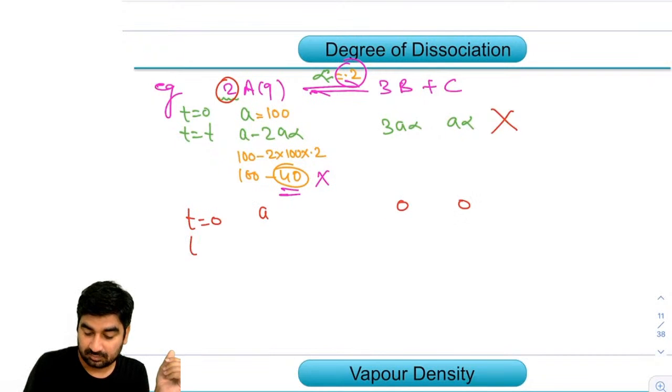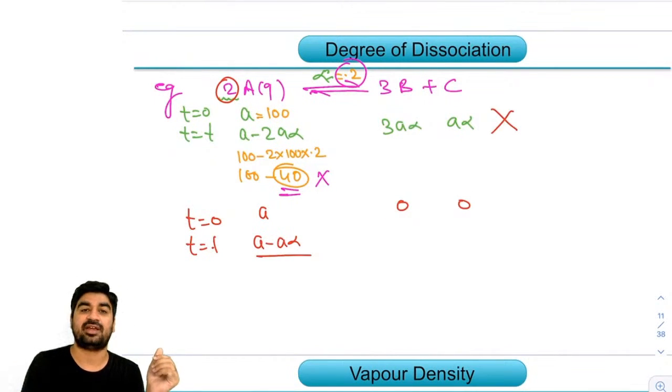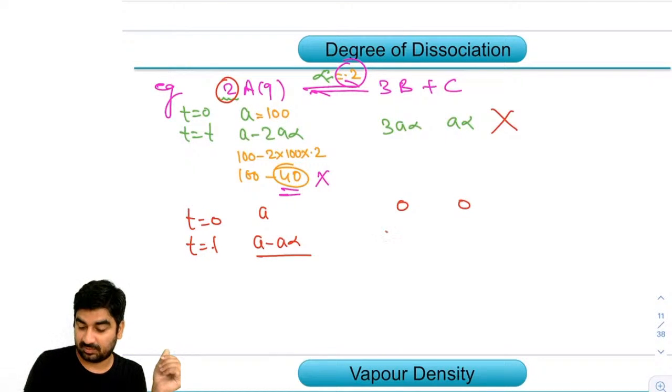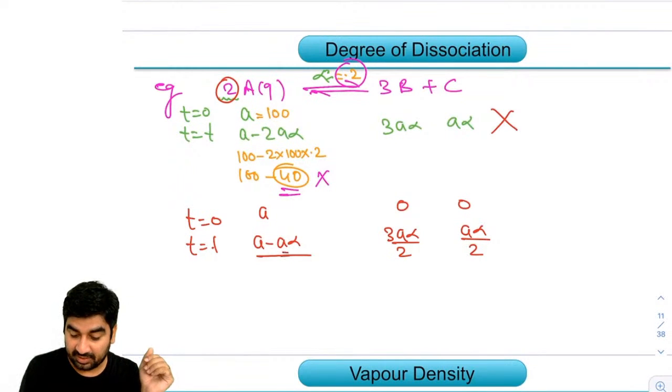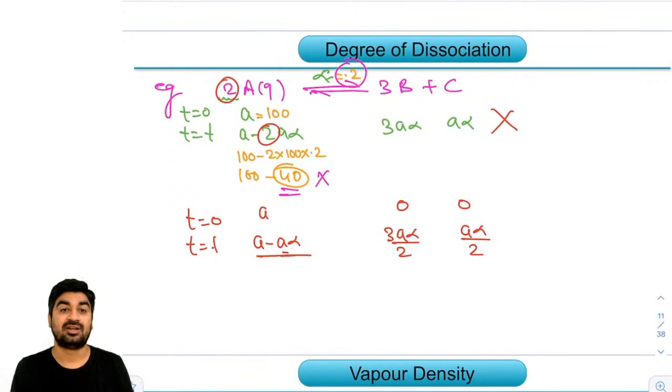A, 0, 0, and again you will always write A alpha. So it will be 3A alpha by 2 and A alpha by 2. Always write A alpha, never write 2A alpha. Otherwise, instead of 20 mole, 40 will be reacting, and that is wrong.